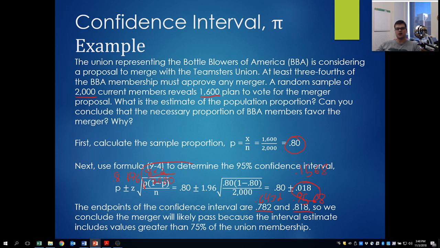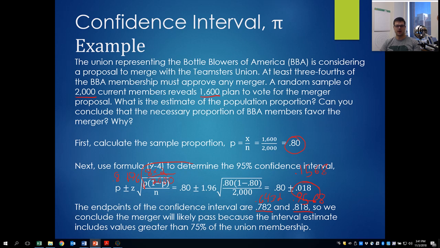Another way to say this is if we were to take this survey of 2,000, and redo this survey 1,000 times, 950 of those times the mean would be captured within that survey result, and we'll get into that a little bit later.